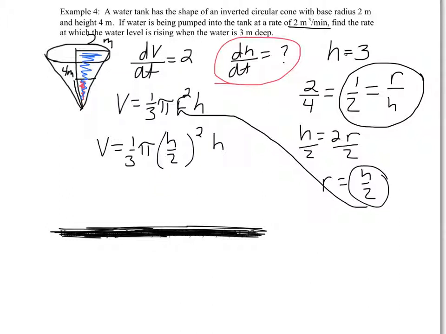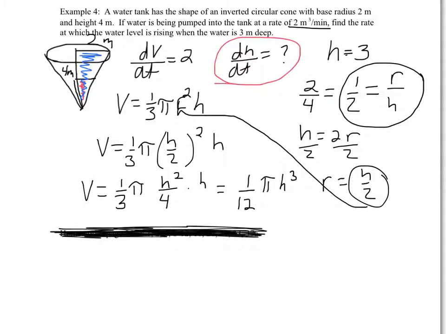So let's take a look at this. Now that we've got everything done, let's do our derivative here. Actually, I want to simplify the volume one more step. So I'd have 1/3 π times h squared over 4 times h. If I simplify that down one more time, I'm going to have 1/12 π h cubed.